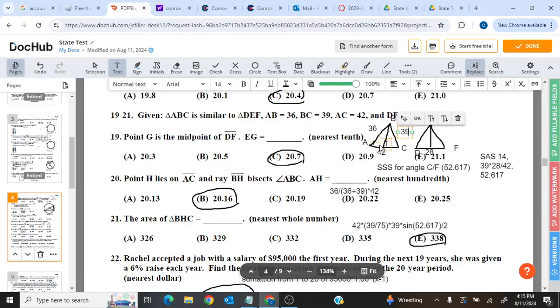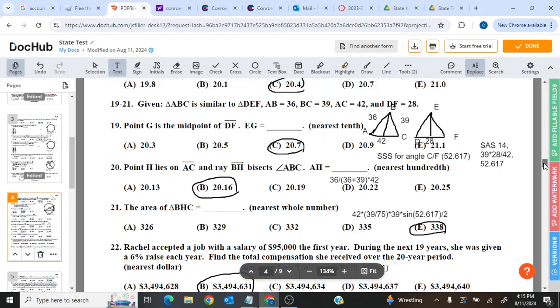So AH is going to make up 36 over 75 of the entire 42 length side. In other words, 36 over 75 times 42 will get you the length of AH. We went over this on previous tests if you want a more in-depth explanation as to why.